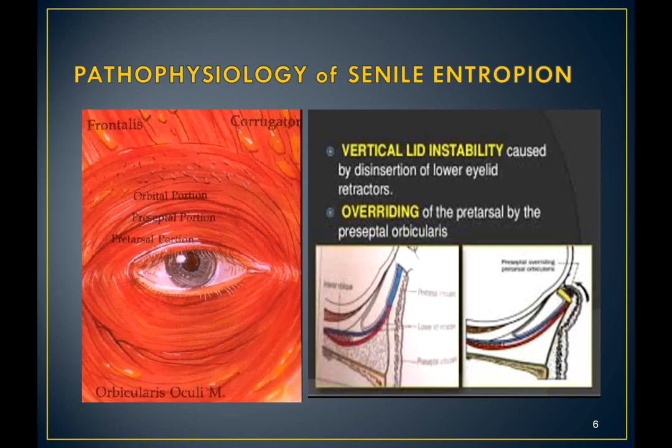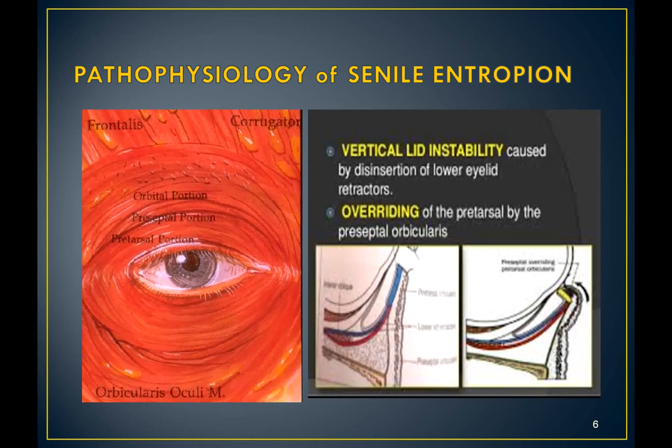What happens is that the two portions of the orbicularis muscle, that is pre-septal and pre-tarsal, are separated from one another by a fibrous tissue layer. This layer gets degenerated.